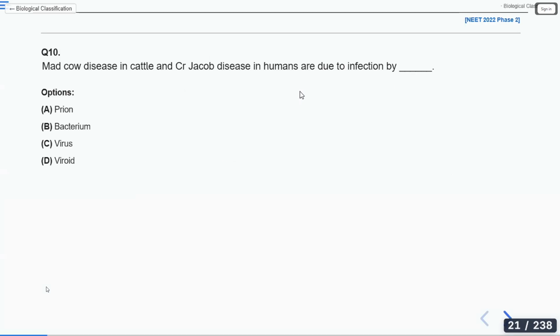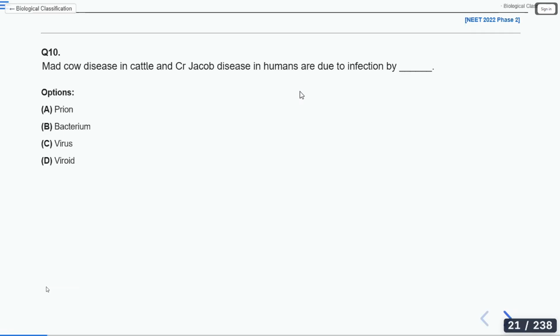Next question. Mad cow disease in cattle and Creutzfeldt-Jakob disease in humans are due to infection by prion, bacterium, virus, or viroid. Which is the correct answer? Option C. Okay, many answers. A or C. What is this, A or C?